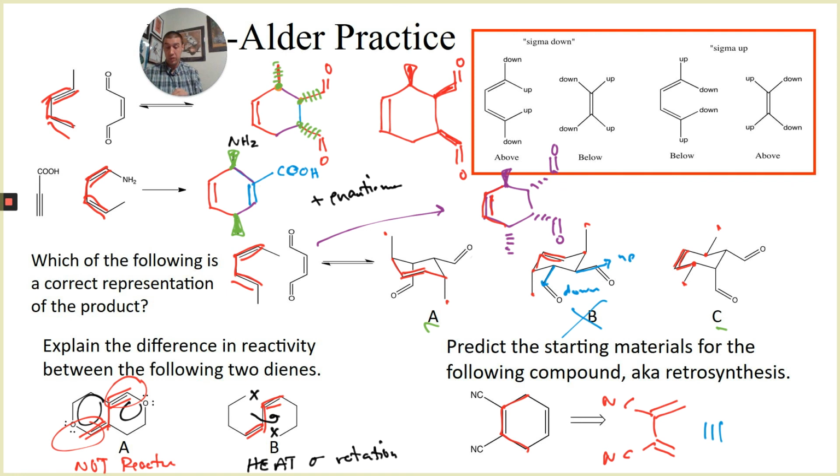So that could work out for us. Or we could have split it the other direction. Okay? Where we could end up with that structure and then triple bond CN, CN. So we really get two potential ways that we could have done this.